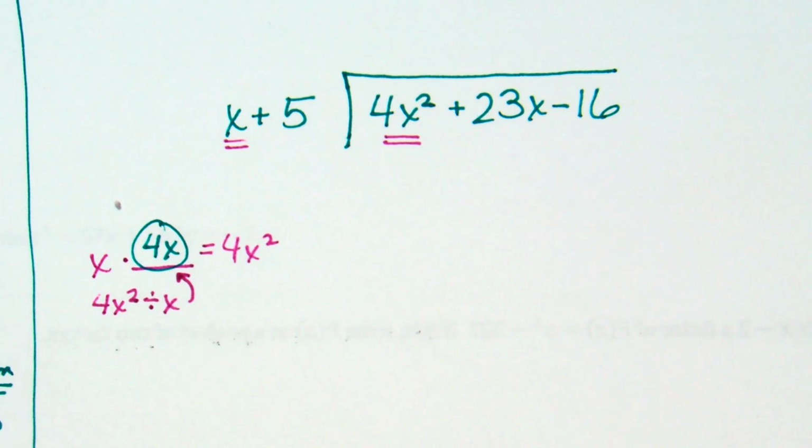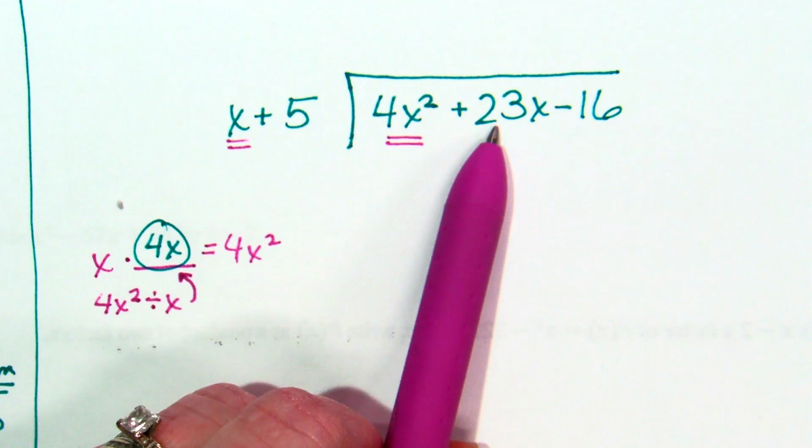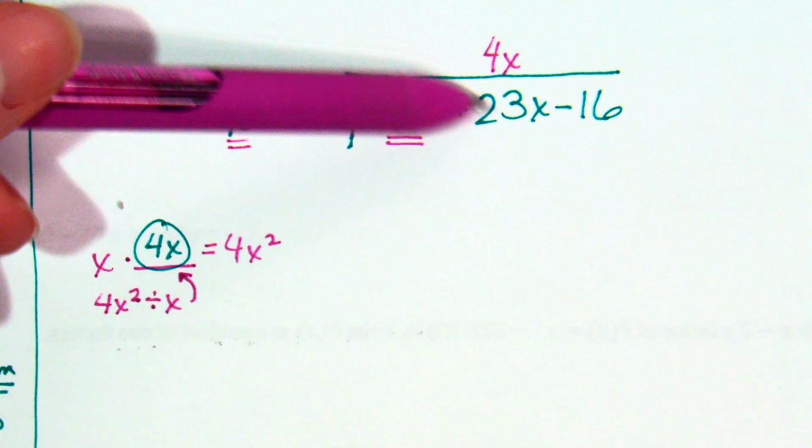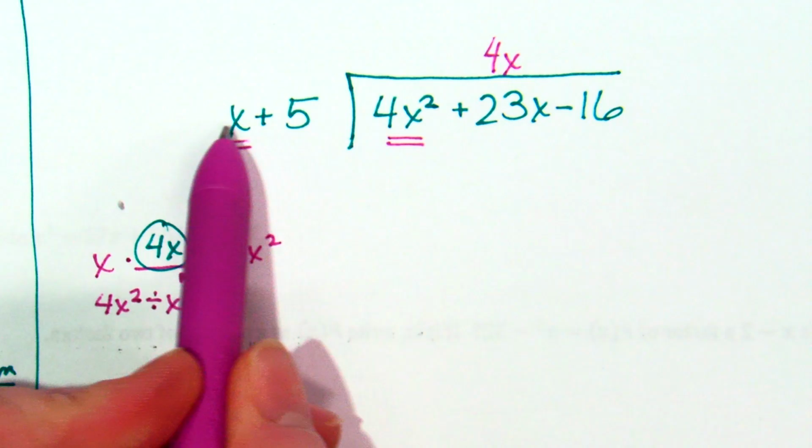There's 2 terms in the divisor, so I'm going to put my first answer 2 terms over the dividend. So my 4x is going right here. Another way to look at it is that 4x landed on top of its like term of 23x. But the easiest thing for me to say is we're dividing by 2 terms, so 1, 2, and we put the 4x up there. Yes?